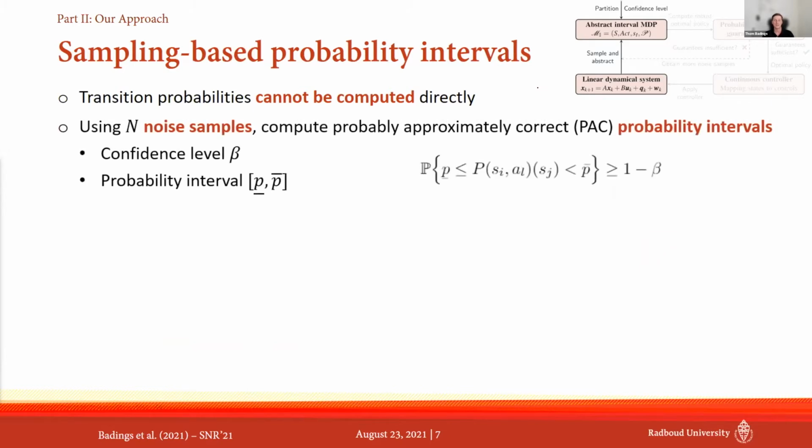In particular, we use n samples of the noise to compute probably approximately correct, or PAC, probability intervals where we specify a certain confidence level beta. And we then want to obtain probability intervals that contain the true transition probability of every transition with at least 1 minus this confidence level beta.